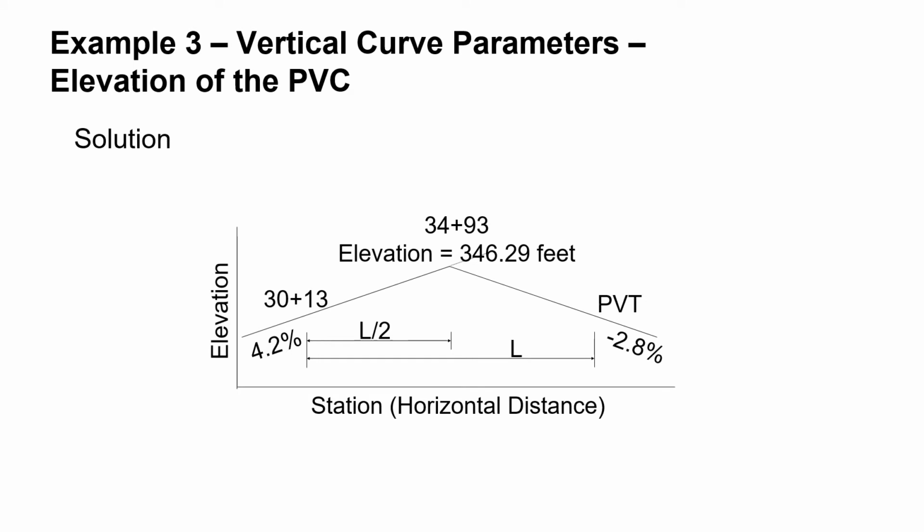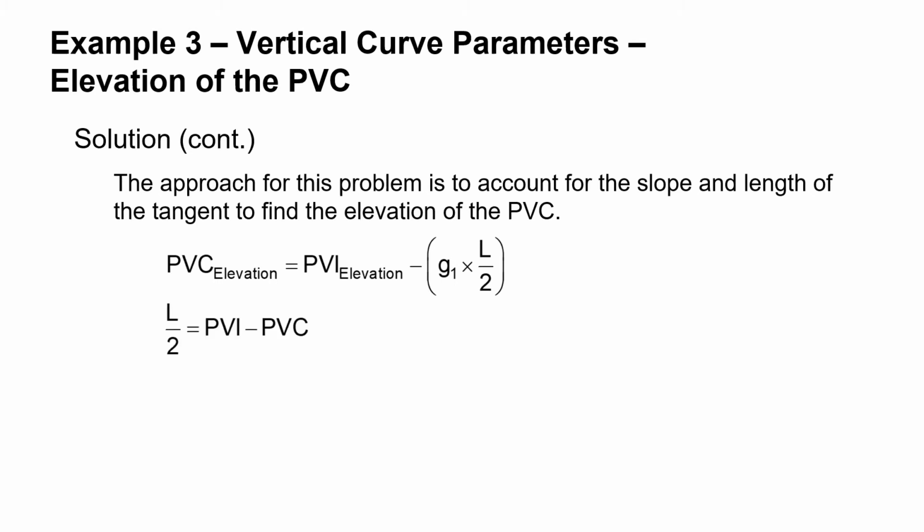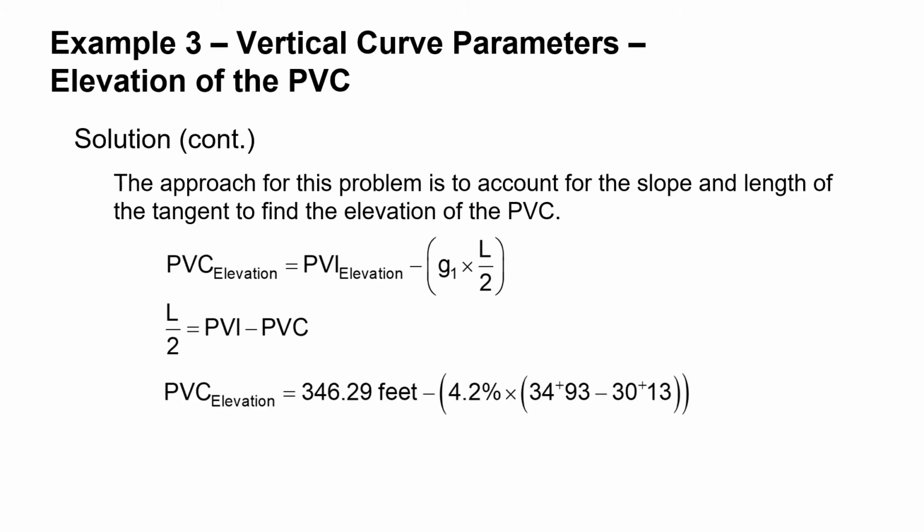Again, a drawing can be very helpful, so plugging in the information we know here in a simple graphic can really be helpful. And the approach for this problem is to account for the slope and the length of the tangent to find the elevation of the PVC. So that PVC elevation, again, is the PVI elevation minus G1 times L over 2. So rearranging this, L over 2 is the PVI elevation minus the PVC elevation.